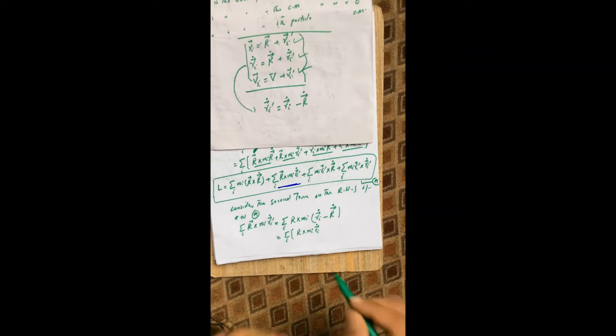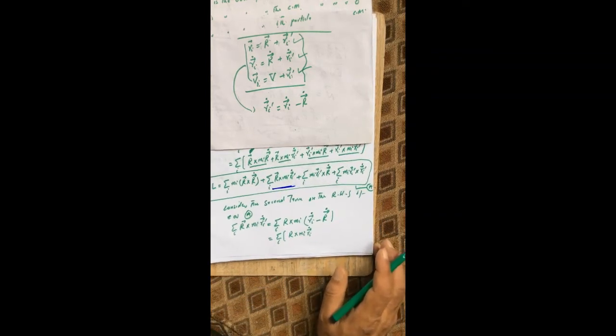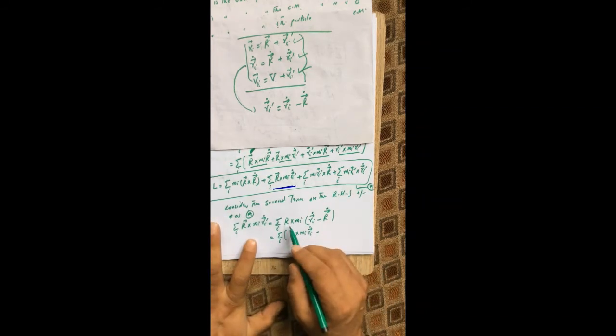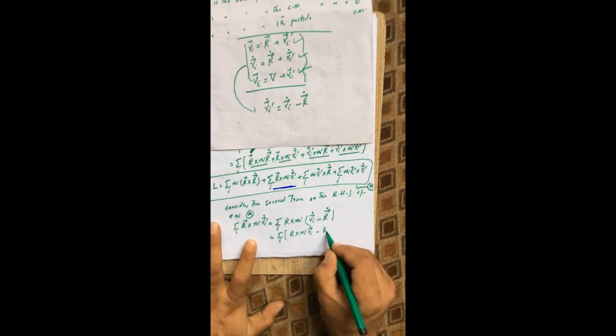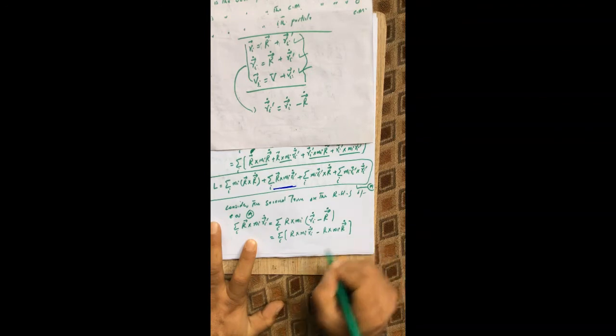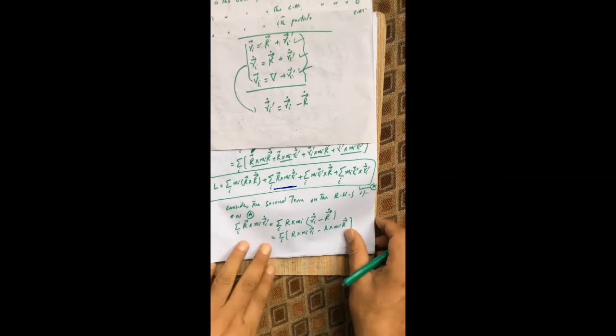So yes, this is right. Okay, and then we have minus r cross, we have this mi into r dot.